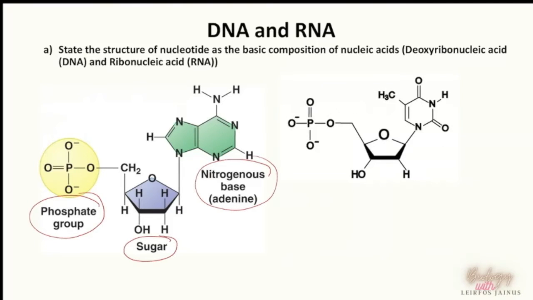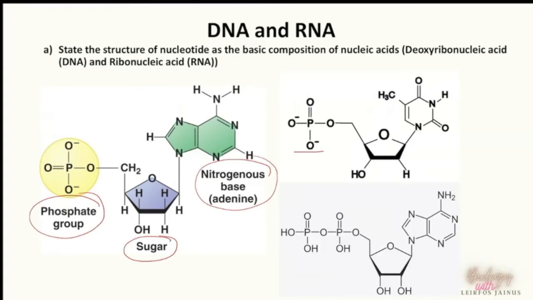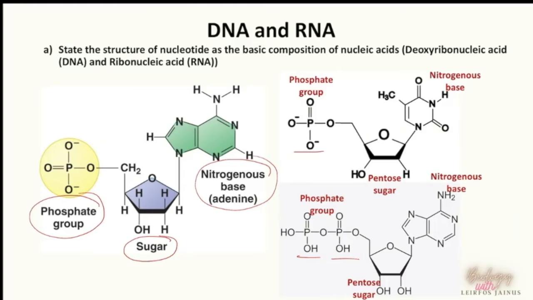Here is another example of nucleotides. This one has only one phosphate group, and the next nucleotide has two phosphate groups. Generally, all nucleotides consist of the same components: pentose sugar, phosphate group, and nitrogenous base.